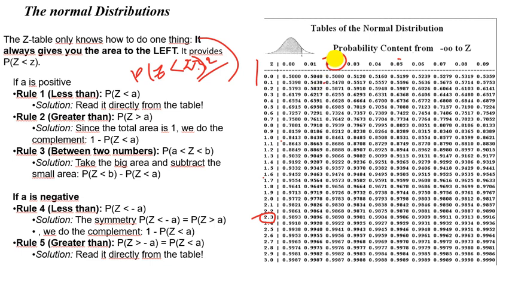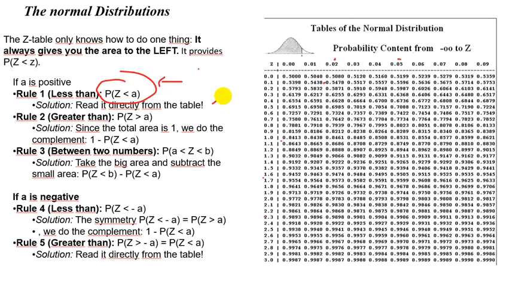Where they cross each other, this is my probability, which is 0.98. This is the probability that z is less than 2.32. Now, since the table gives only this value, the probability P of z less than a, when I have this case, I read it directly from the table as we did.